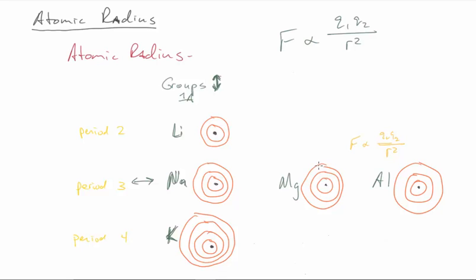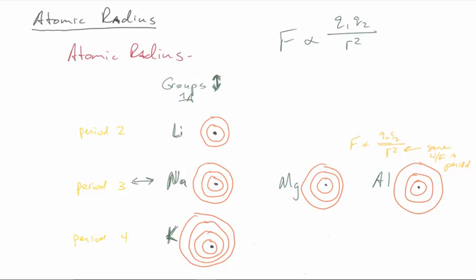Notice within a period, my valence electrons are found on the same energy level. You want to write that down: valence electrons are found within the same energy level. So for period 3, all of my valence electrons are found on that 3rd energy level. So my r squared part is going to be the same within a period, because those valence electrons are on the same energy levels.